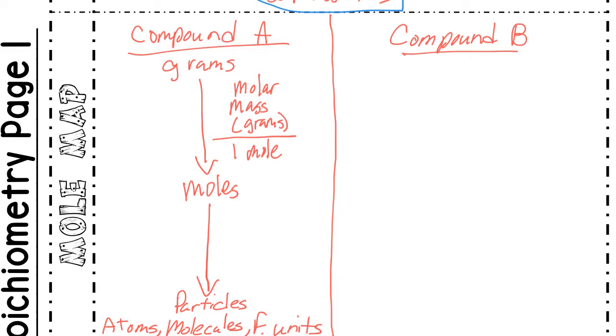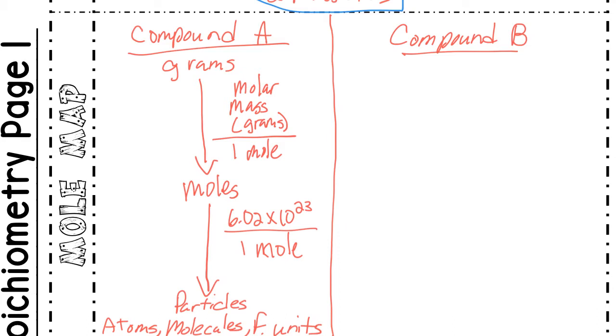These are types of particles. The conversion factor we used to get there was 6.02 times 10 to the 23rd particles in 1 mole. All right, now that's for compound A.